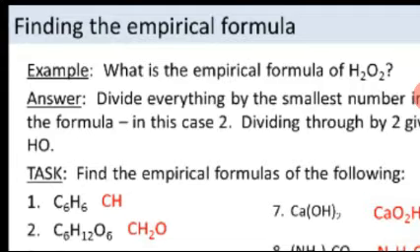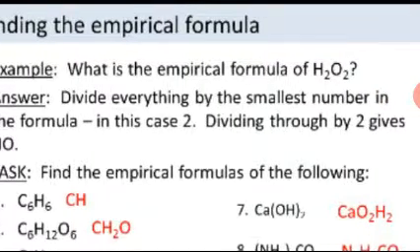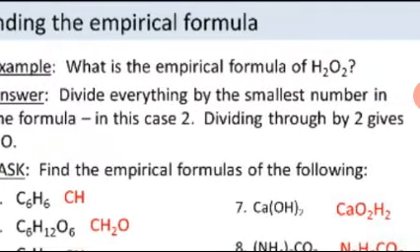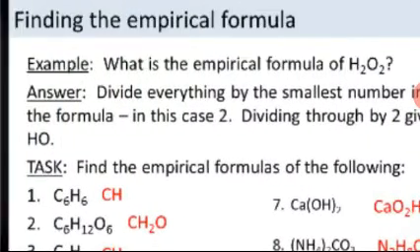Are they multiples? Can you divide it? Yes. 2 ones are 2, 2 ones are 2. Divide everything by the smallest number. In this case dividing through by 2 gives HO. H2O2 becomes HO. This is the empirical formula of H2O2. H2O2 is hydrogen peroxide. It has empirical formula HO.